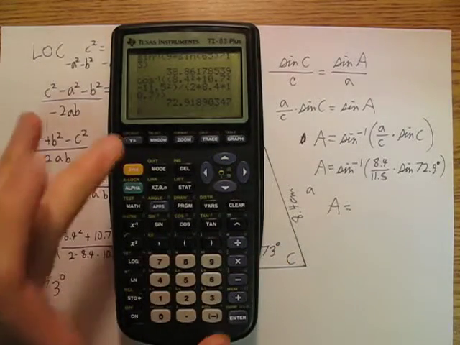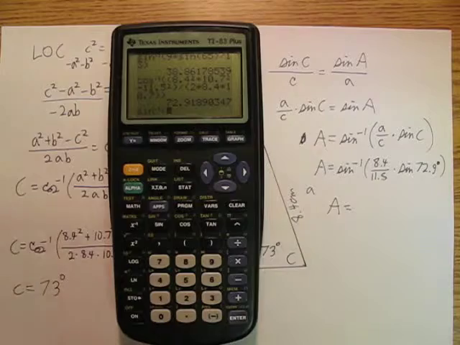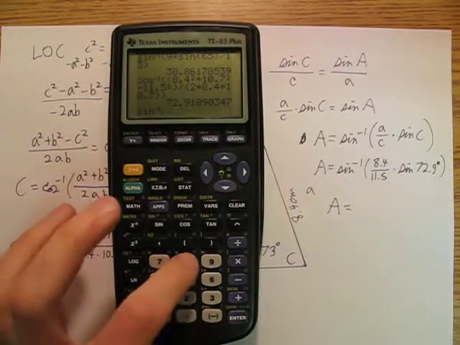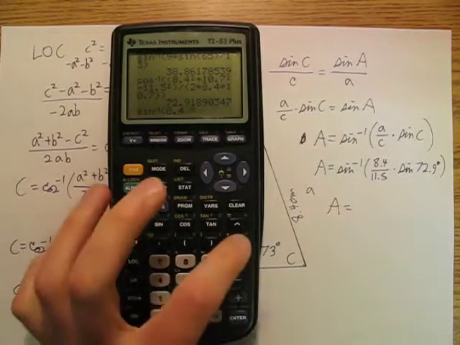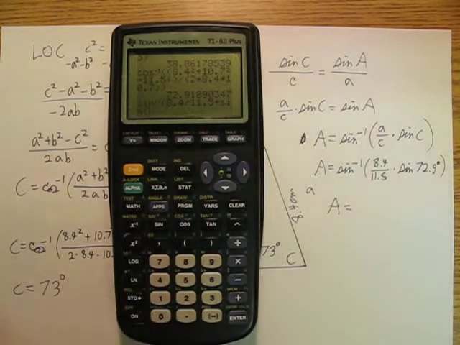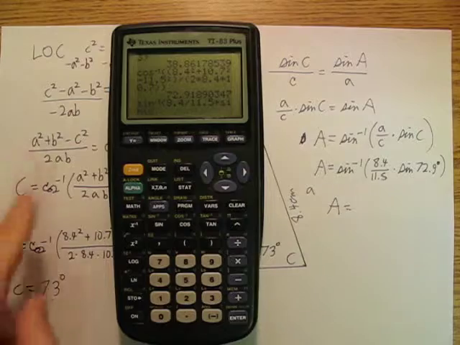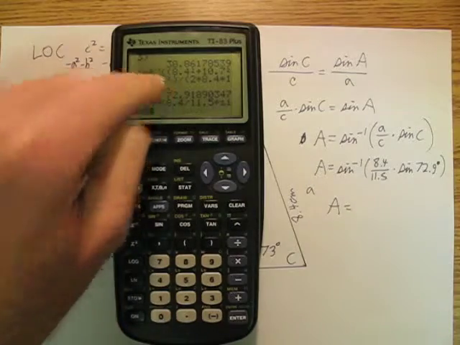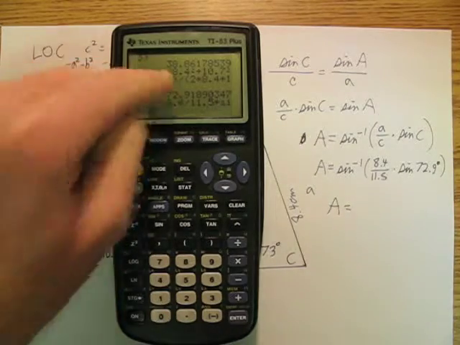What I'm going to do is on my new line, second sine, that gives me my sine inverse, and then I'm going to do 8.4 divided by 11.5, and I'm going to multiply that fraction by the sine of my answer of that 72.9 that's sitting right up there.